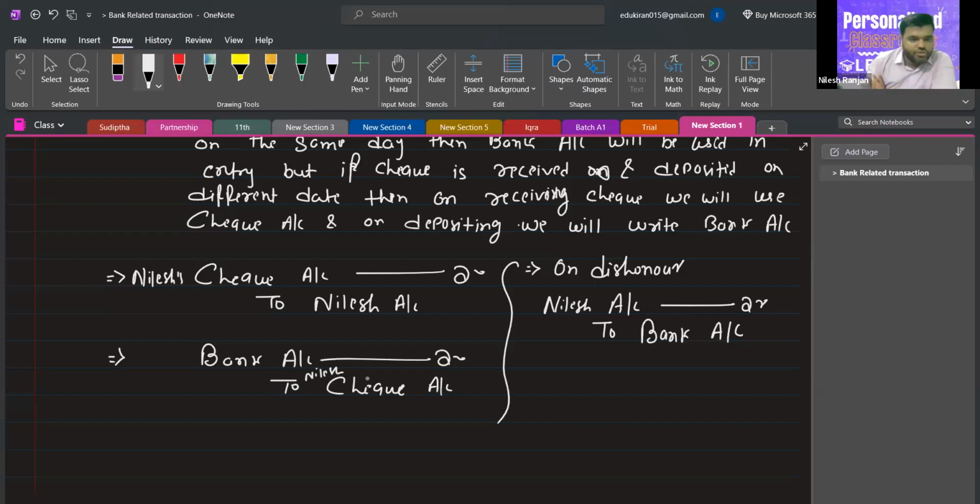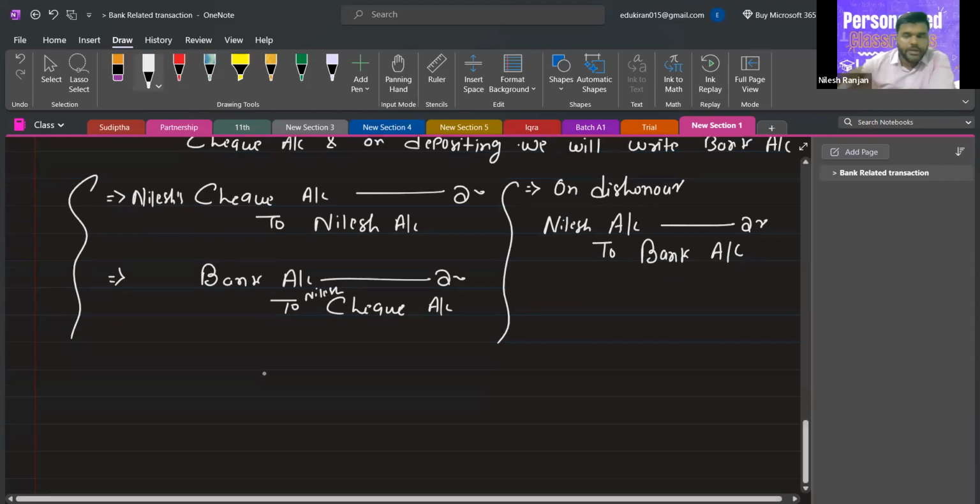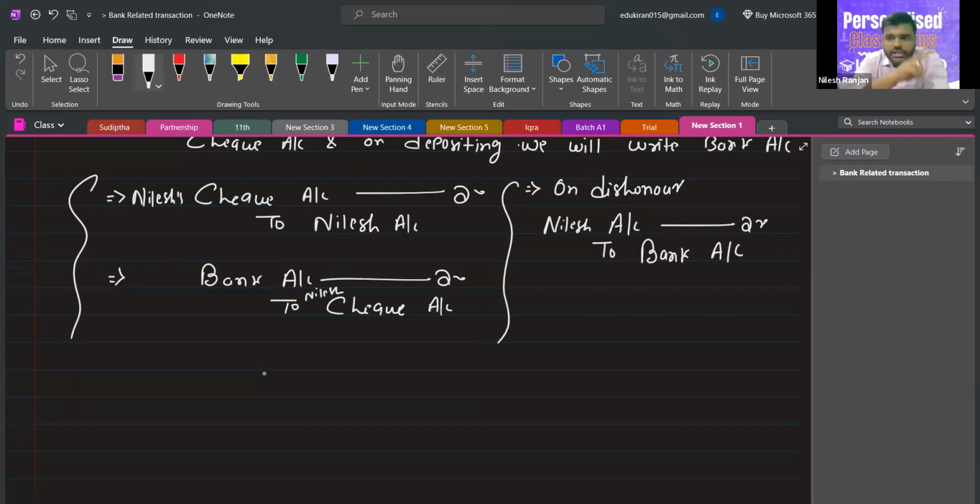Now, if you combine these two entries, you can see what the combined entry will be. When there is the same account in two entries, then we can combine those two entries into one. Like in this case, you can see Nilesh check on the debit side and Nilesh check on the credit side. Yes or no? Yes, sir.